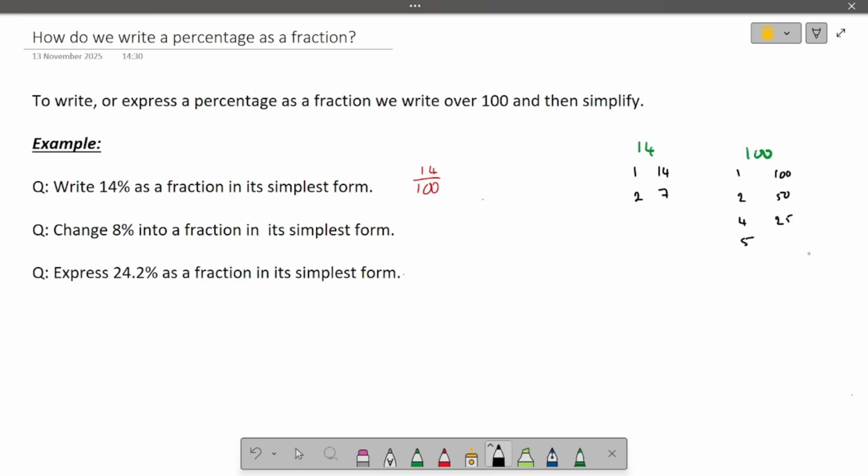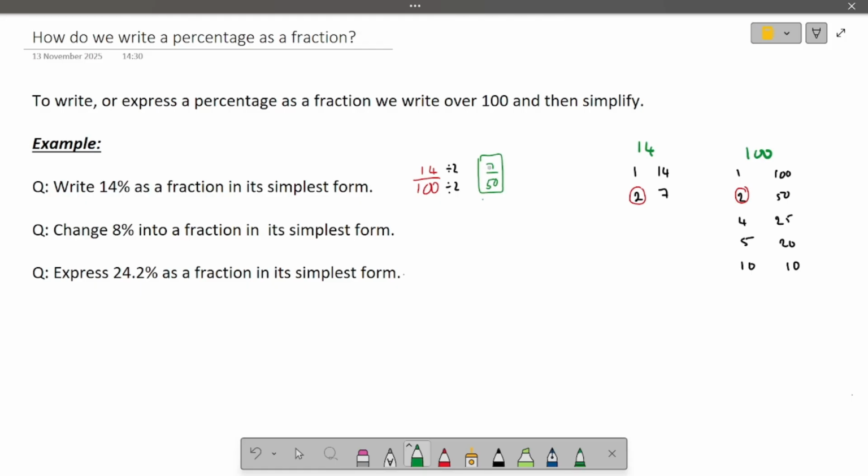It will divide by 5, give me 20. It will divide by 10, give me 10. So the highest common factor between 14 and 100 is going to be 2. This means we can go ahead, we can divide the top by 2, we can divide the bottom by 2. And when we do that, we end up with 7 over 50.